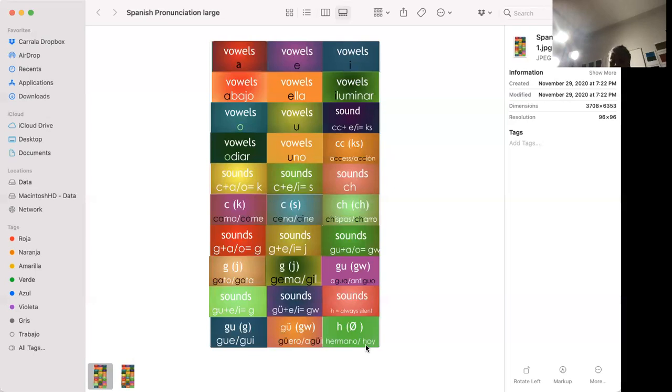So there's a second, once again, this is a placemat. That's why they're placed together like that. It's a placemat. So if you really want to make language something that your child, or maybe even you, see, not far away when you're eating, they'll see the vowels, they'll see the words.